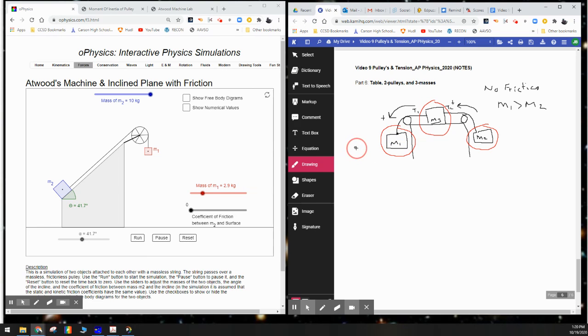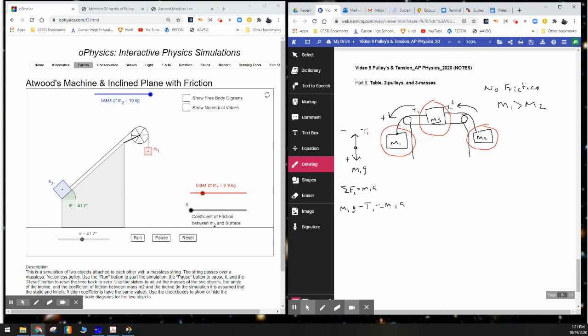So our free body diagram is going to have T1 acting upwards, and we're going to have M1G acting downwards. So sum of the forces on system 1 is equal to M1A, like so. Okay, so now going down is positive, going up is negative in this scenario. So we're going to have here M1G minus T1 is equal to M1A. All right, so that's for system 1 here.